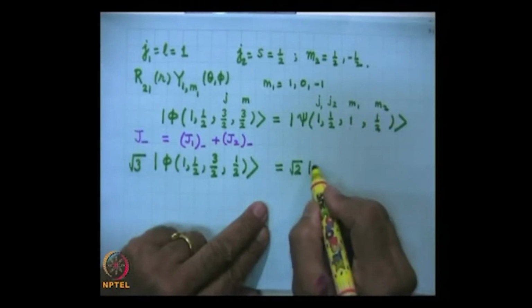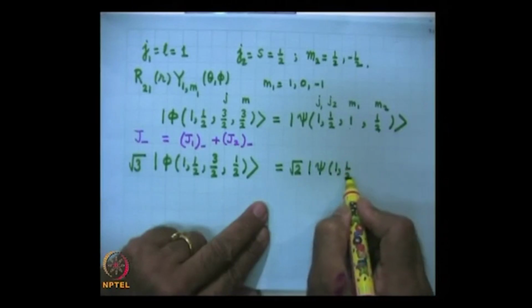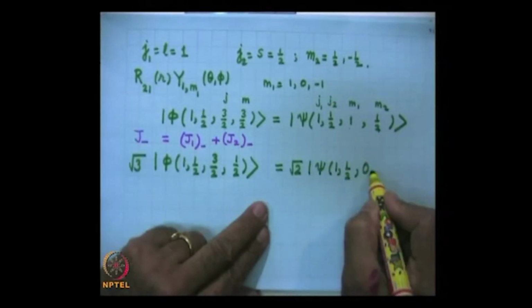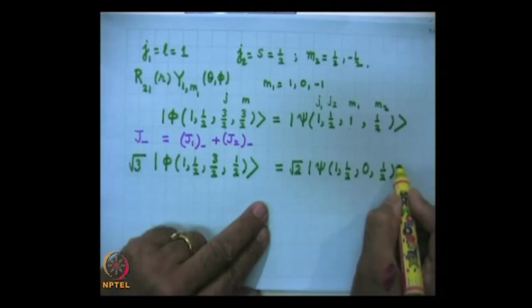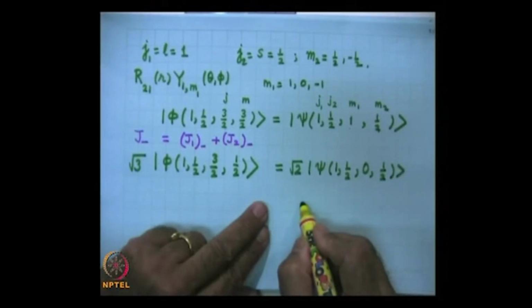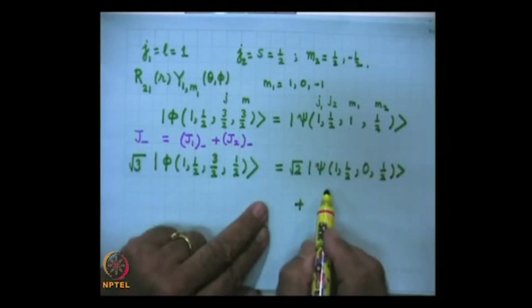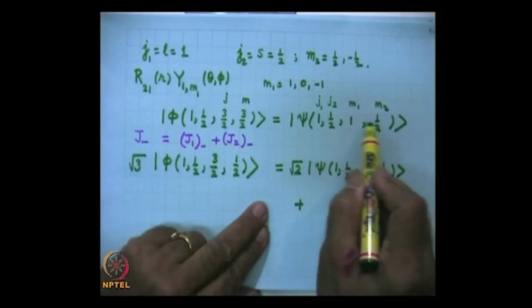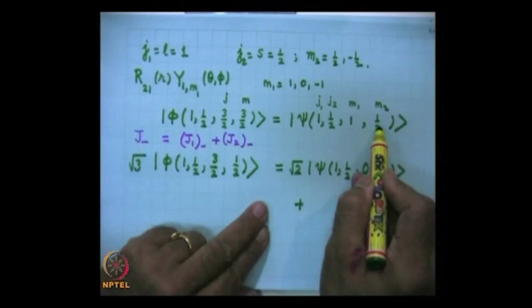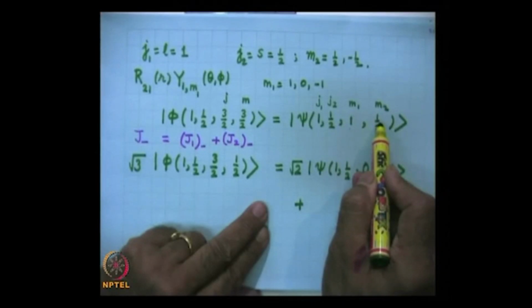So, this will be psi 1 half 0 half, plus, if I operate this by J2 minus, this will be half plus half, that is 1, and J2 minus M2 plus 1 is 0 plus 1.